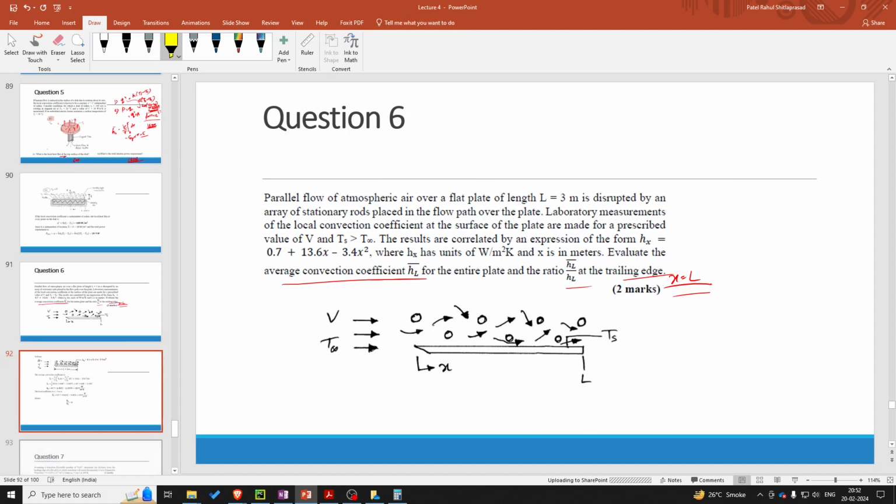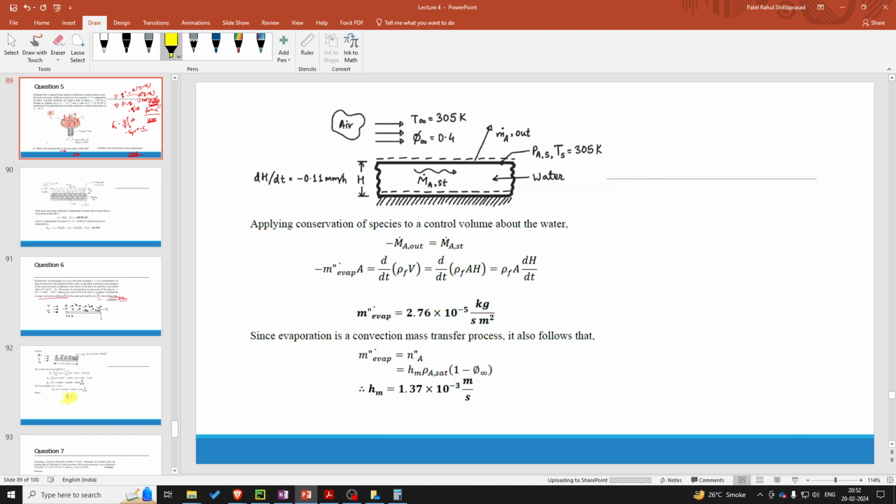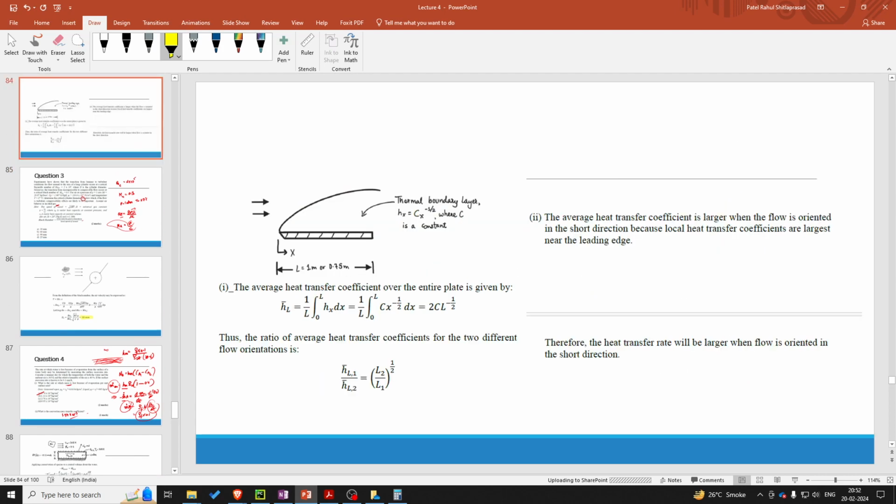The solution to this question is also shown over here. The ratio will be 1. So that was all for today's class. We solved 6 questions, mostly related to convection, whereby we had to find the average convection coefficient for different scenarios.